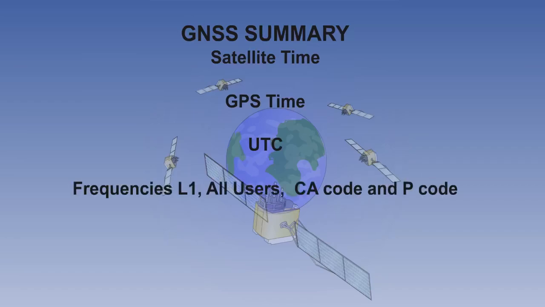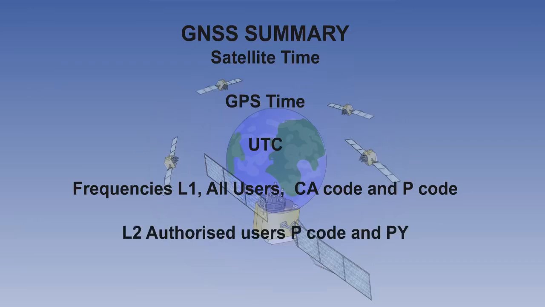All of the systems have at least two frequencies. In the case of GPS, these are L1 and L2. L1 is available to all users and carries the C/A codes and the P codes. L2 is available to authorized users only, which, broadly, means military forces.